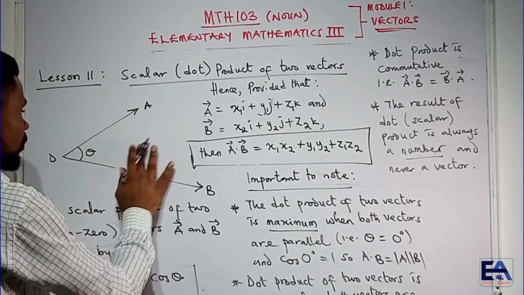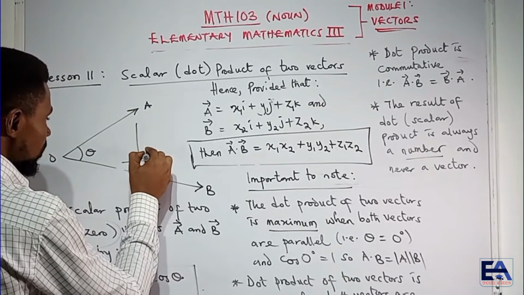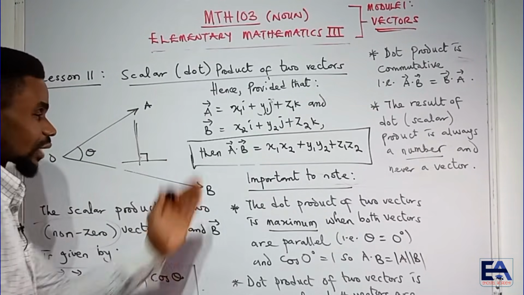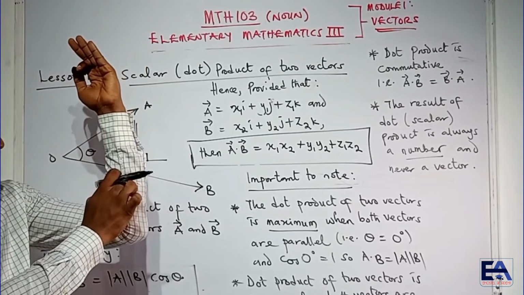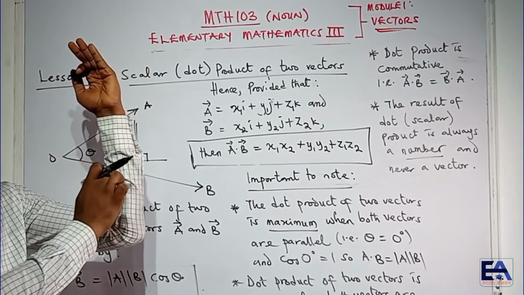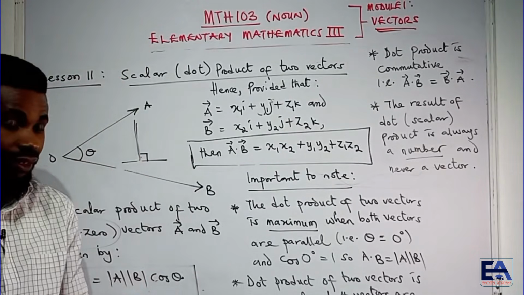You have a straight line, and then another straight line, and the angle between them is 90 degrees, like my hand now. The angle between this and this part is 90 degrees. That is what we mean by perpendicularity in mathematics.